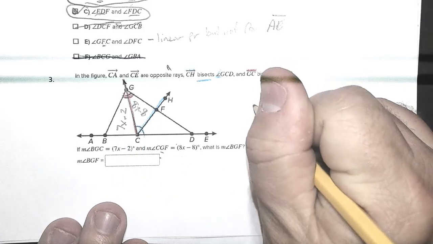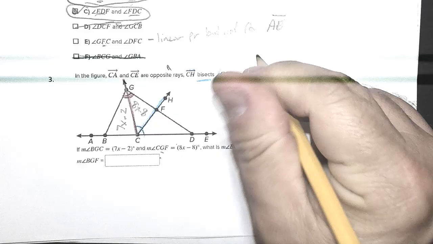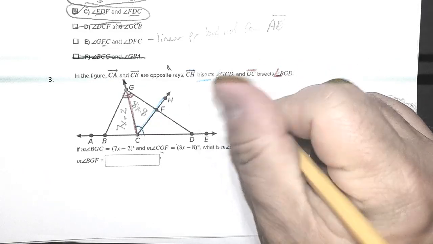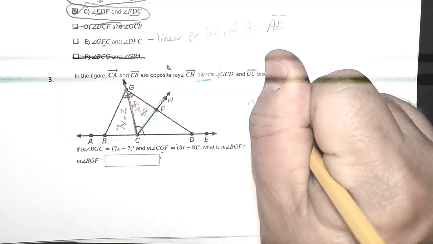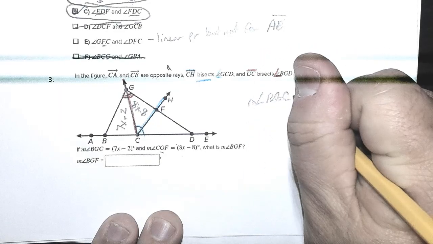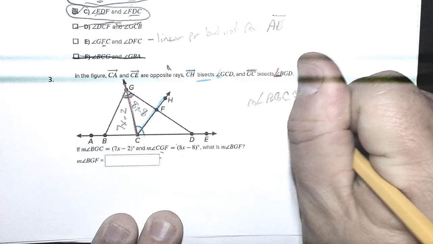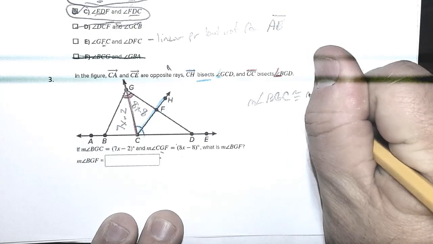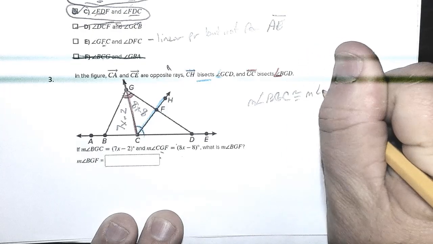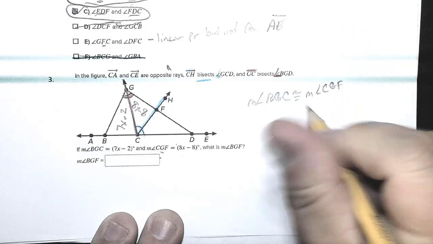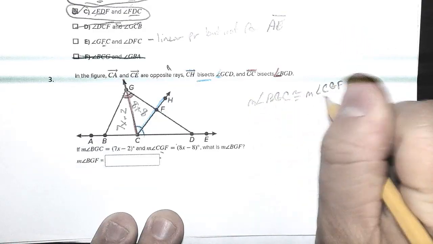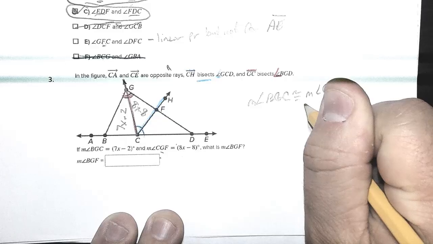So let's write that. Sometimes I get in the habit of not writing all this stuff out. So for the measure of angle BGC is congruent, and we're about to start module 3 proofs, so you guys will get used to writing a little bit. So they're congruent, so the measures are, wait a minute, no, the measures are equal.